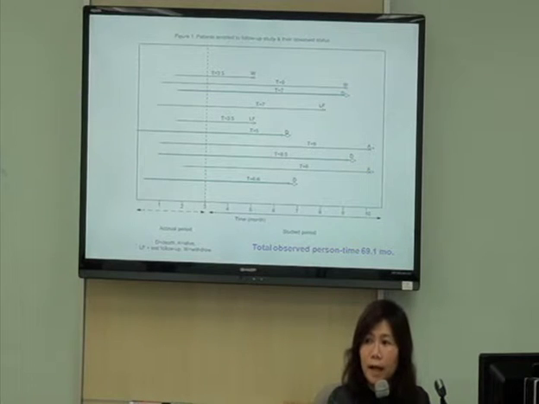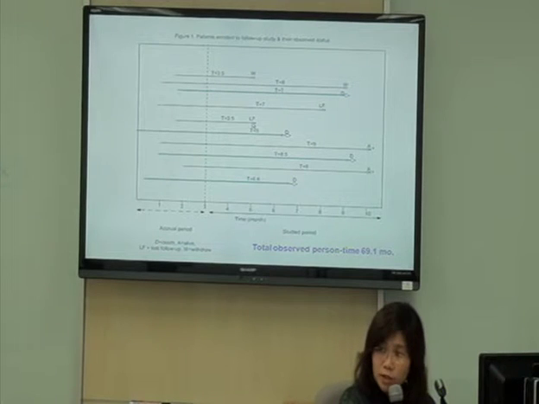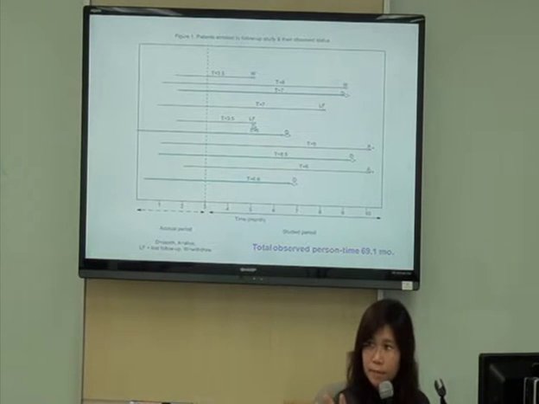Okay? And also like this subject, this is not withdrawn, it's lost to follow up. We don't know again, but during the 3.5 months of follow up, this subject did not have the disease.